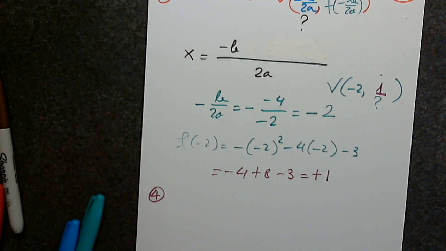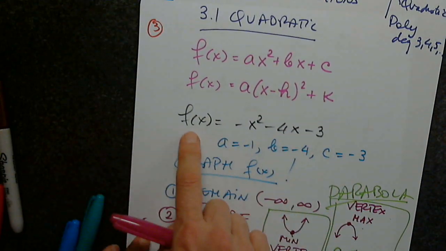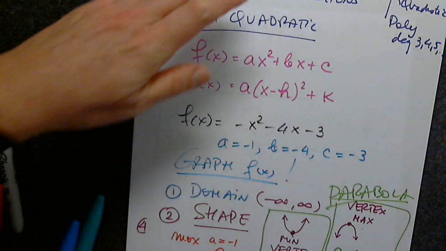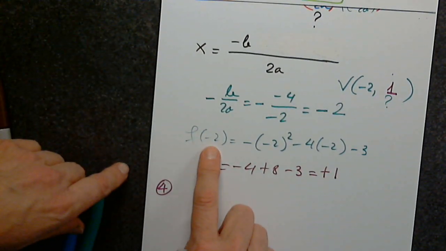And we just reference back to the function at the top. Yes, this is our function. Maybe because it's so long, if you could just write the function out again, just what we're plugging the -2 into, because we haven't seen it. Yes, it's right here, f of -2.